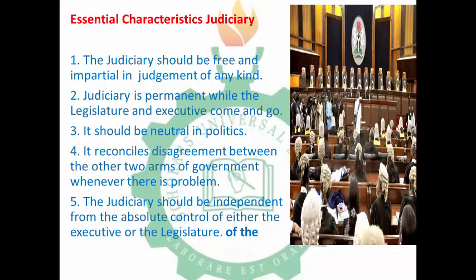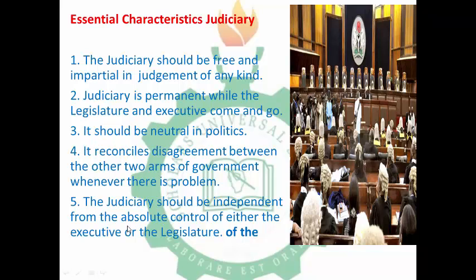When such disagreement occurs, it is the judicial arm of government that settles or reconciles it between the two parties involved. At the end of the day, they resort to the provisions of the Constitution in order to resolve such issues between the two parties.